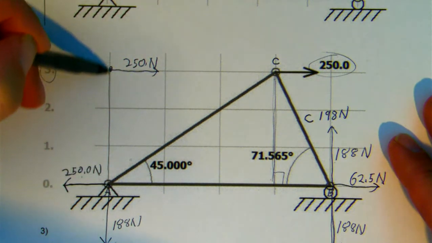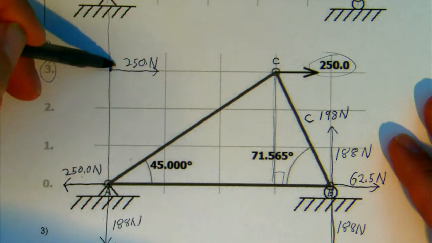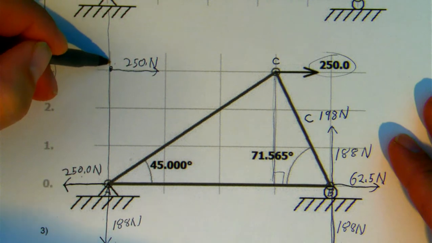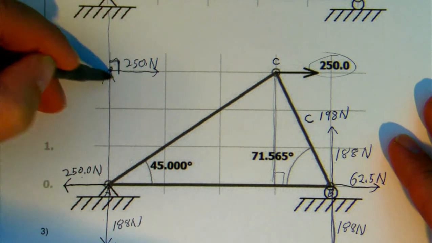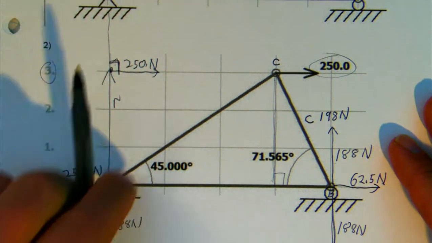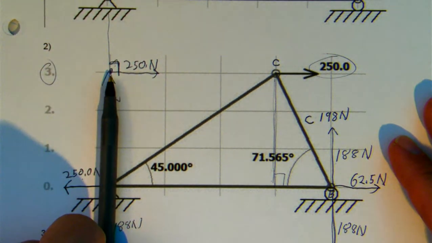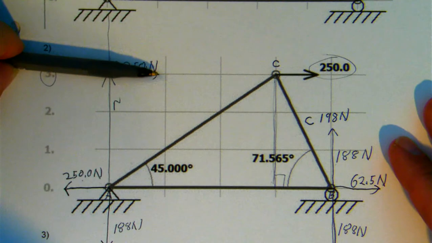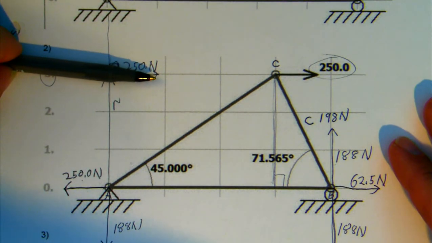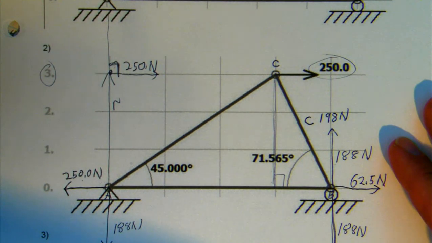When it is directly above the pivot point, it very conveniently is a 90-degree angle between the direction of R, which is vertically 3 meters, and the direction of F, which is horizontally 250 newtons.